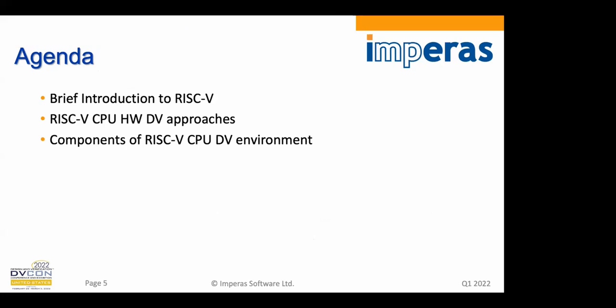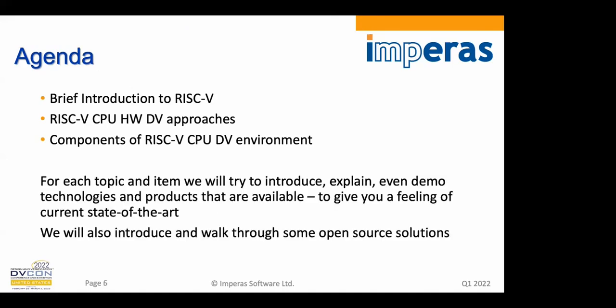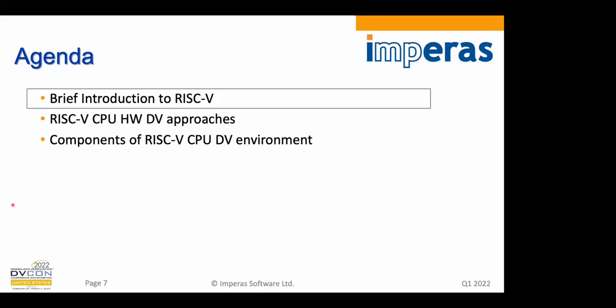Then we're going to drill down into the components of a DV environment with some detailed examples, and then cover other components around the specific DV environment, for example, stream generators. For each topic, as we introduce and demo the technologies, we're going to give you a feel for the current state of the art of what people are doing. And we're going to walk through some of the open source solutions that are out there. So let's get started.